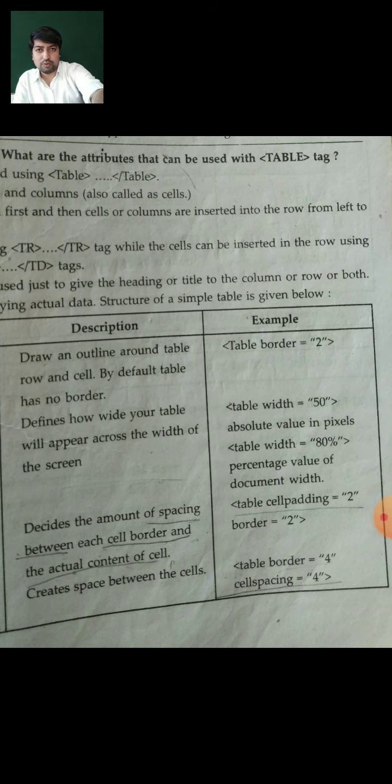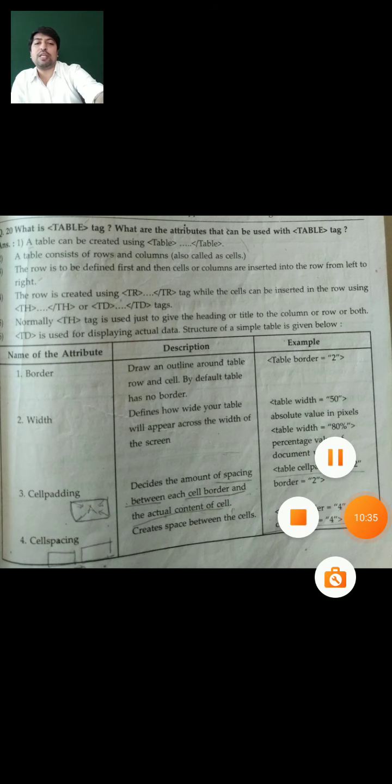So we have discussed the table tag today. We will see one example about it, and then we will clear the other definitions. Firstly we will see one simple example of the table tag.